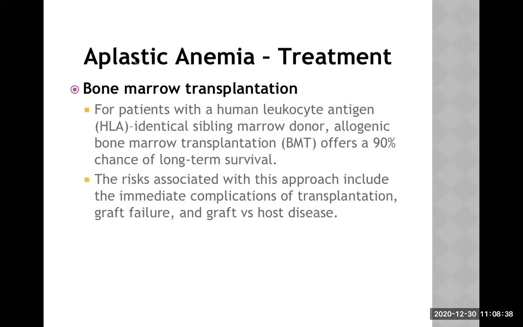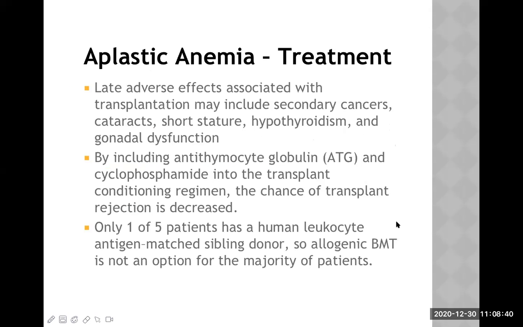Let's talk further about bone marrow transplantation here. Yes. Sir, if we transplant the bone marrow of a sibling donor, and HLA typing and everything matches between the donor and recipient, then do we still have to give the immunosuppressant for rejection, or we don't need to do anything?